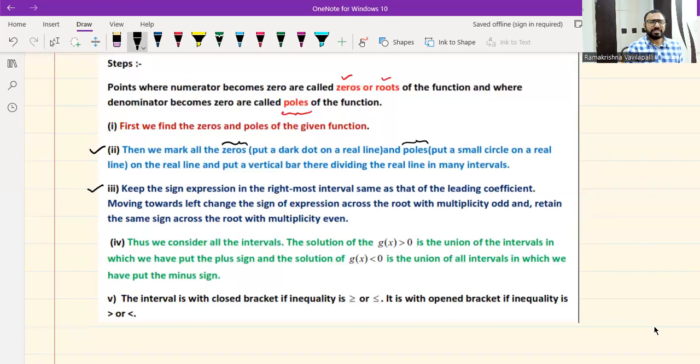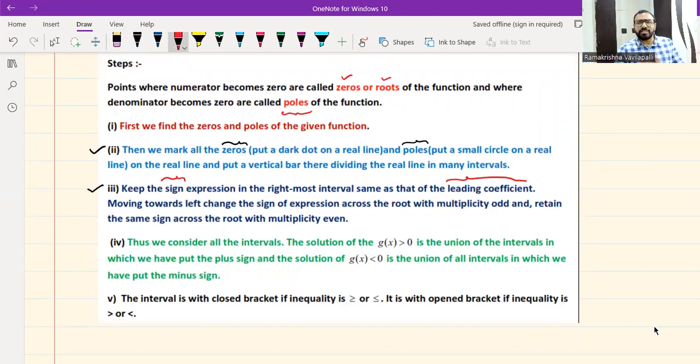Third point, keep the sign of the expression in the rightmost interval the same as that of the leading coefficient. Suppose for example x power 10 is there. If the coefficient of x power 10 is positive, keep the rightmost side positive.